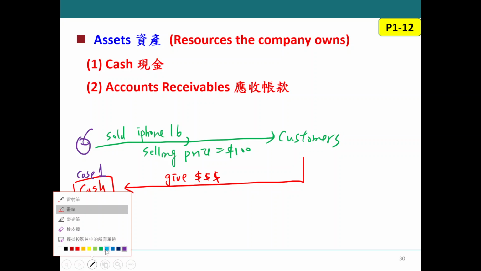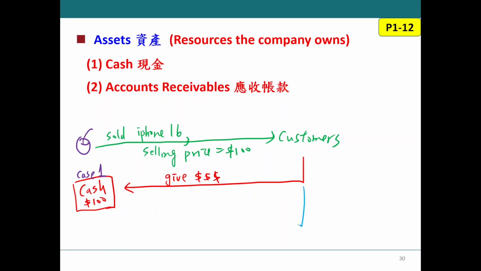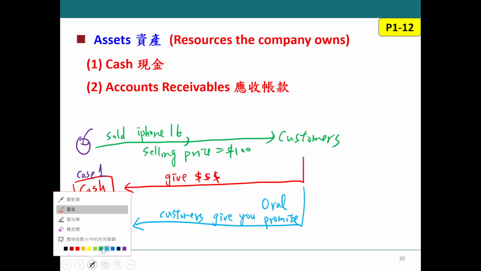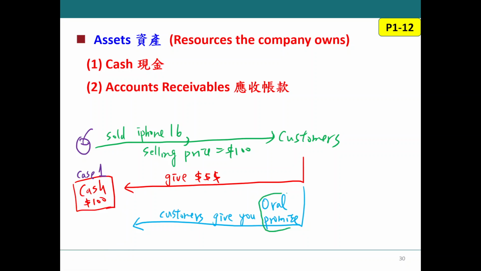Another case, more common case, is customer gives you oral promise. 口头承诺。What's that?